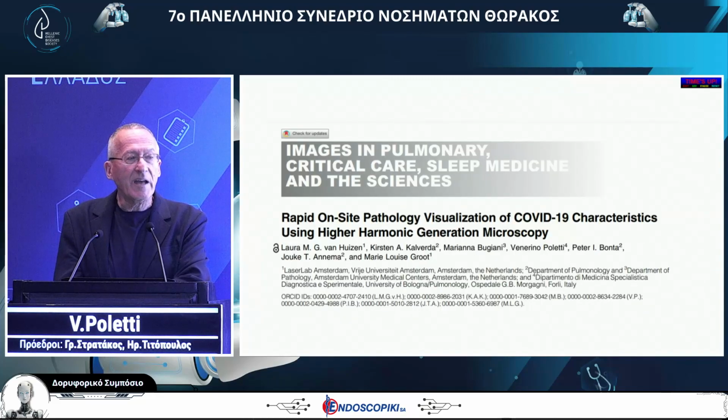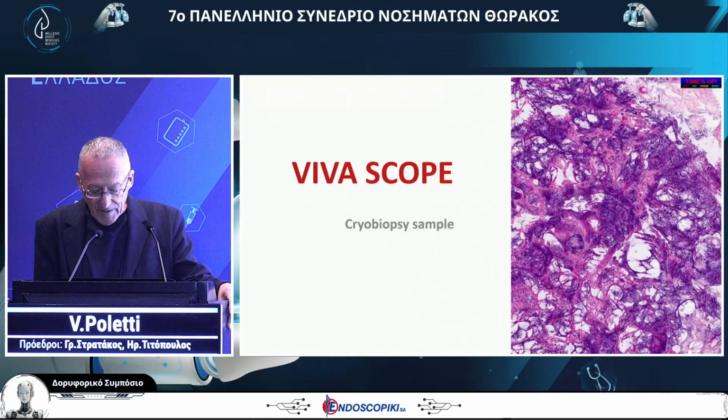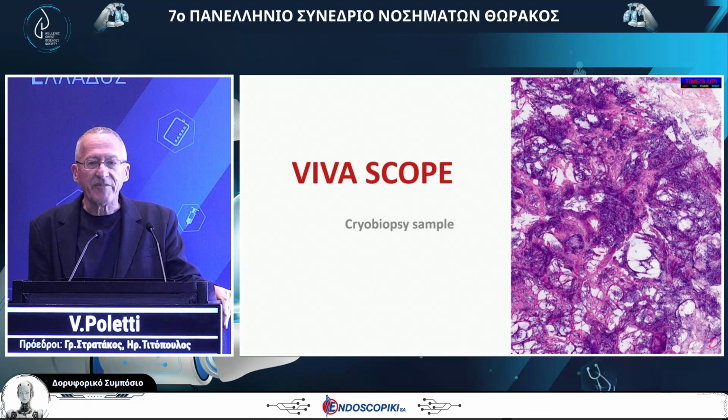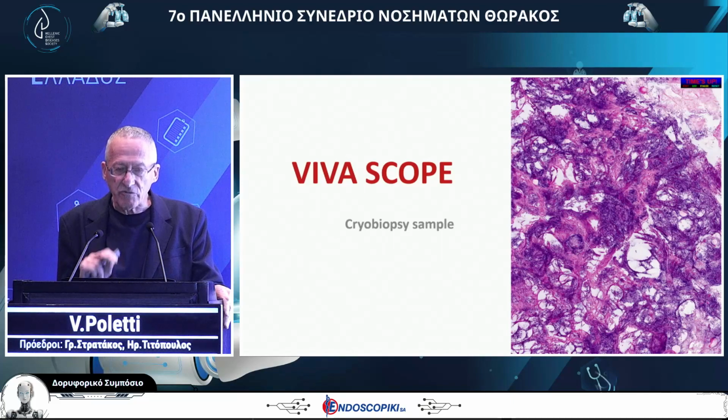We can have a rapid on-site examination using these new instruments, and also this is a very interesting instrument, Vivascope. The images you have are similar to that you can obtain with histology, and you do this without altering the tissue.